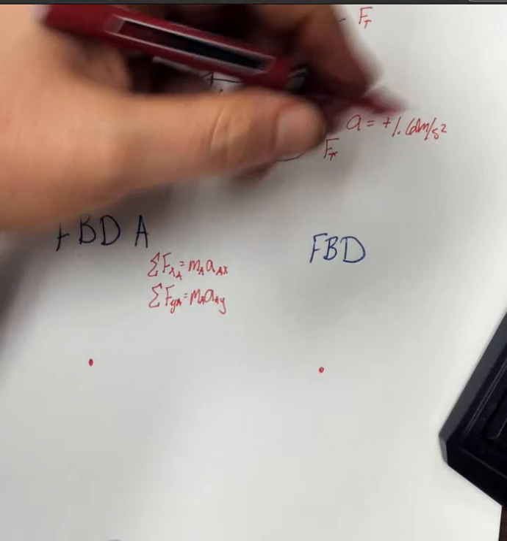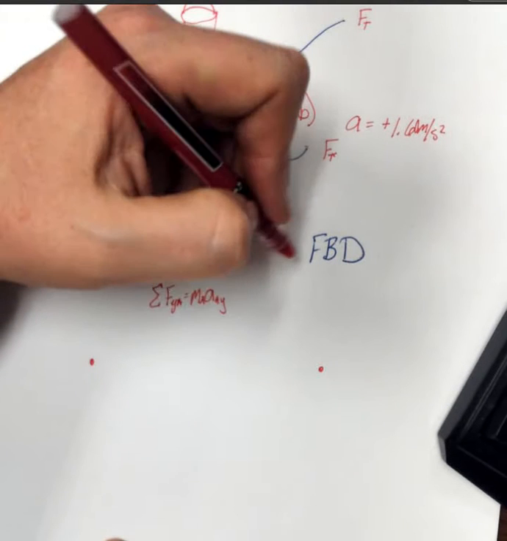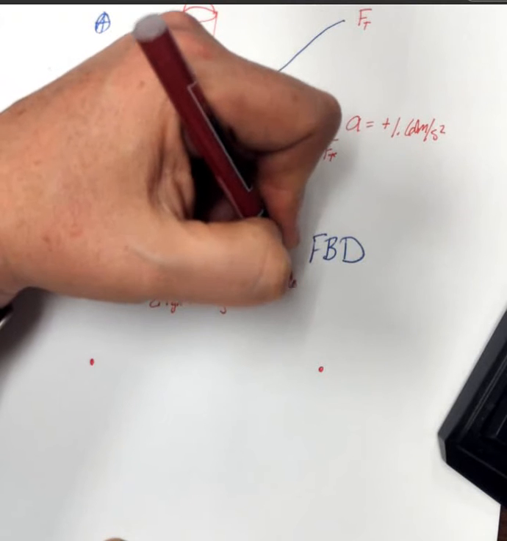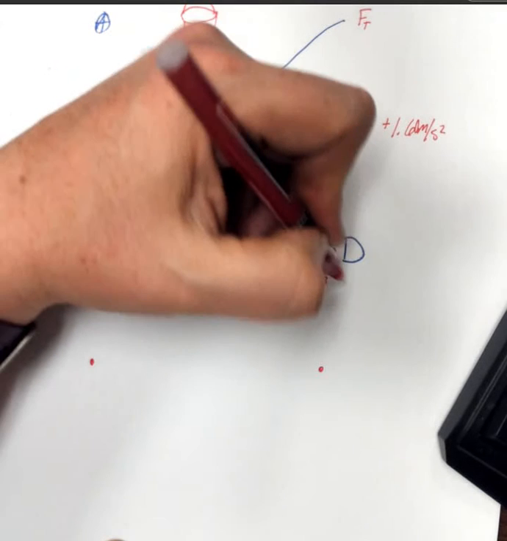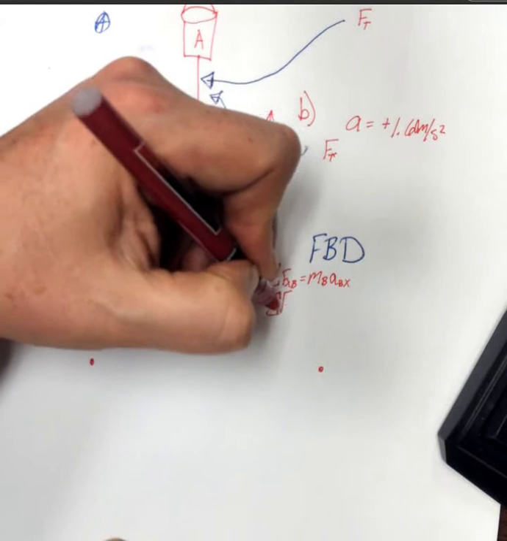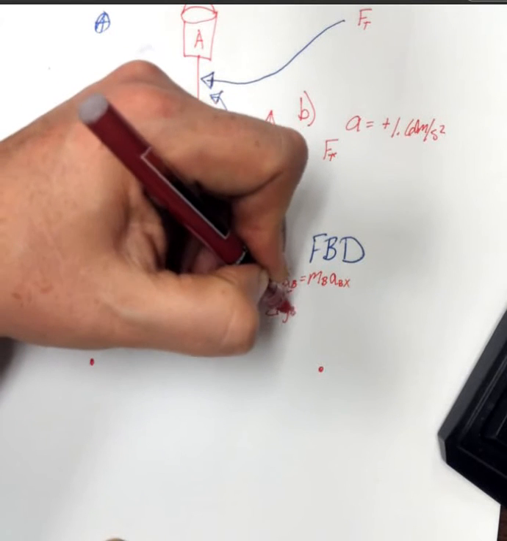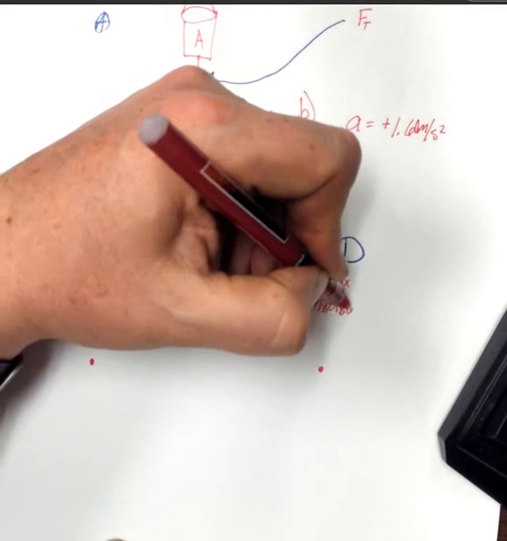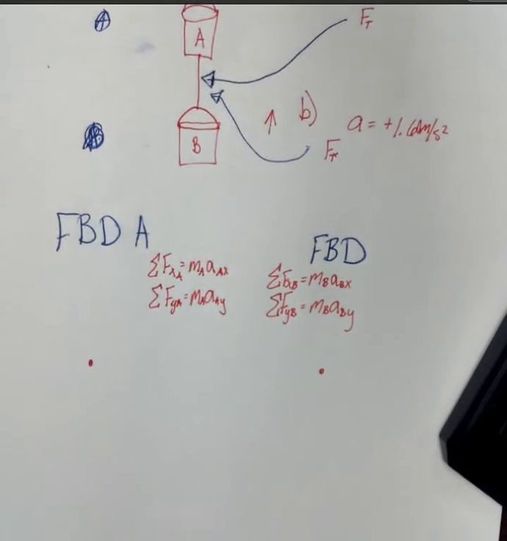And then likewise you'd repeat that process for bucket B, where the sum of all forces in the x direction for bucket B would be m_B a_Bx, and the sum of all forces in the y direction for bucket B would be m_B a_By. So before I even draw the free body diagram for this problem, there's a few things I need to consider.